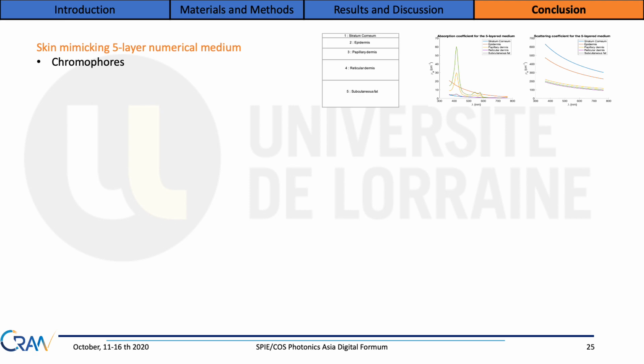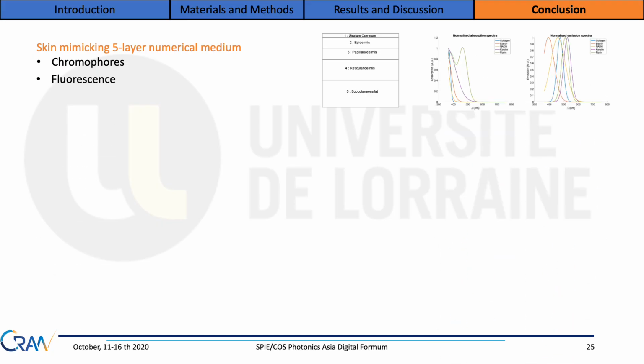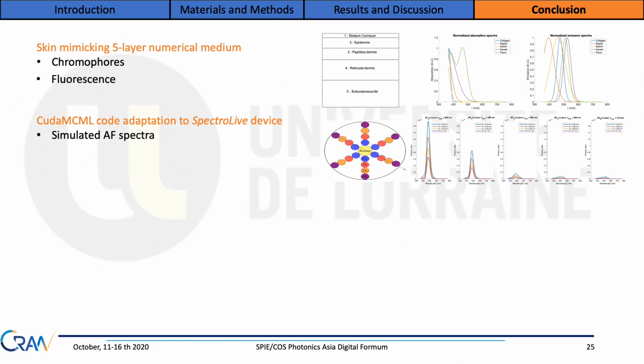To conclude, we designed a skin-mimicking 5-layer numerical medium that takes into consideration absorption and scattering from chromophores and the fluorescence. We adapted the Monte Carlo code in order to fit with our Spectralive device, making acquisition of simulated autofluorescence and diffuse reflectance spectra possible.